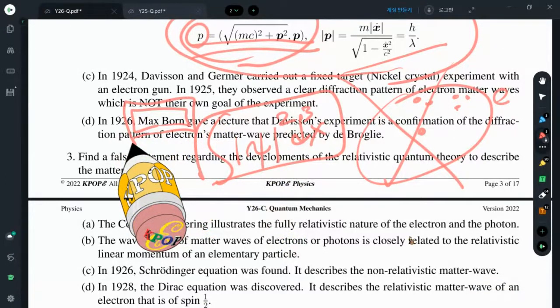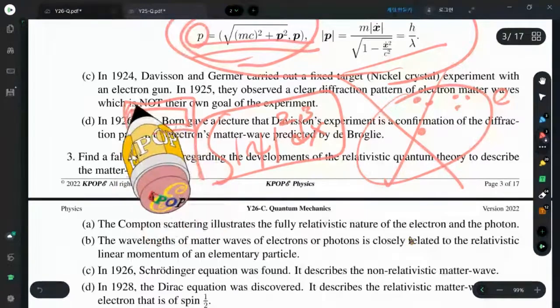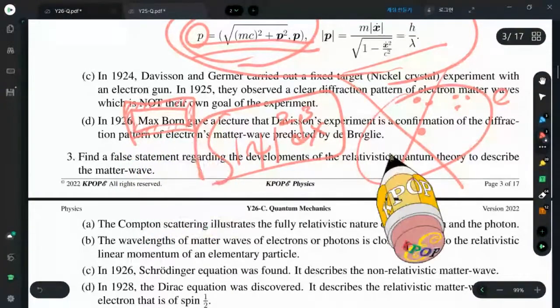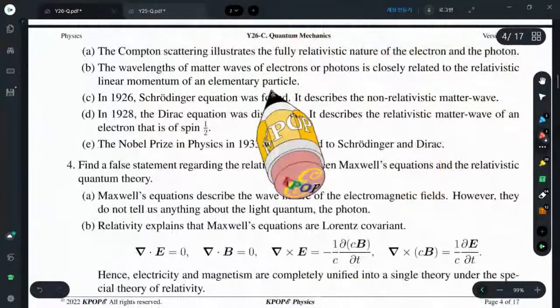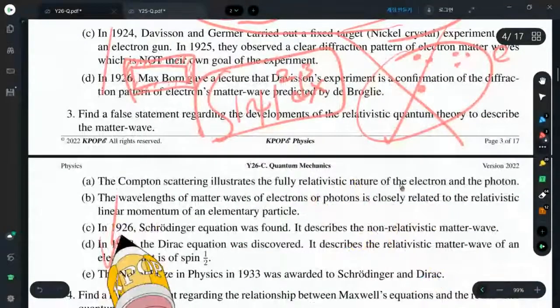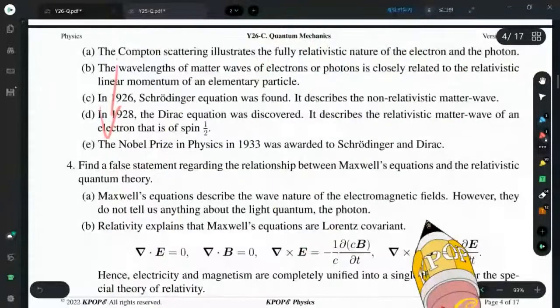So any current quantum mechanics textbook respects Max Born's achievements. Okay, so these are very interesting historical stories. Please refer to this.